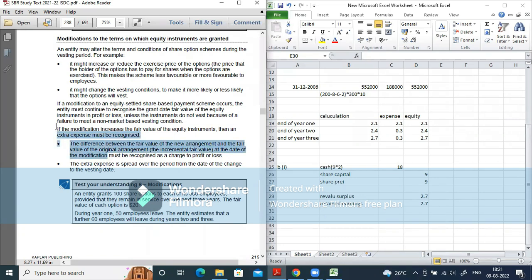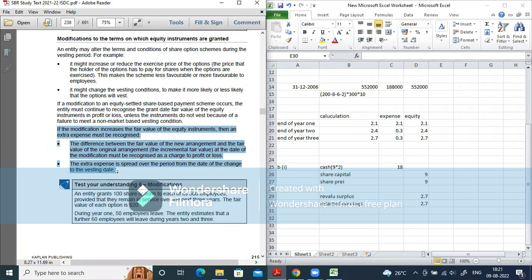If the modification increases the fair value of the equity instrument, then we need to recognize an extra expense. The difference between the fair value of the new arrangement and the fair value of the original arrangement at the day of the modification, we need to recognize in profit or loss.